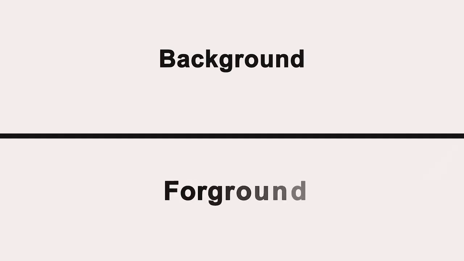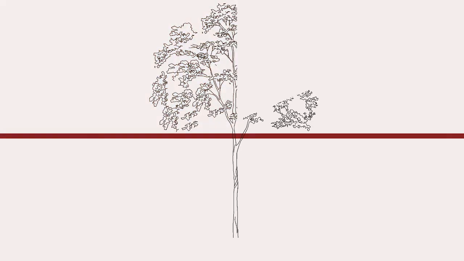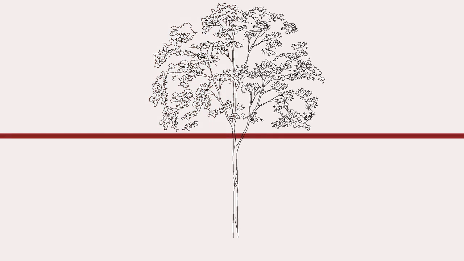Another way to divide your space is with a line. In the case of a landscape, a horizontal line would create a background and a foreground. The line itself would become the horizon. It is important to note this because any forms drawn from this point onwards would need to be in reference to this line.